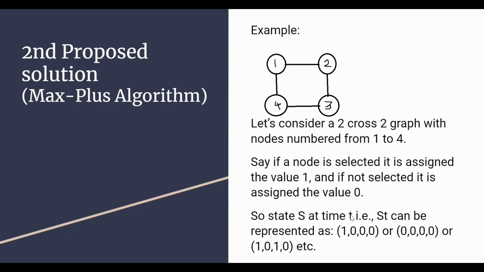So it can be possible combinations of 1 0 0 0, or any of these three, or the other combinations which are possible, with all being 1, with all being 0, with 3 being 1 and 1 being 0, with 2 being 1 and the other two being 0. So let's say we assign value 1 to node 1, we assign value 1 to node 4, we assign value 0 to node 3, and we assign value 0 to node 2. Then our st will look like 1, 0, 0, 1.